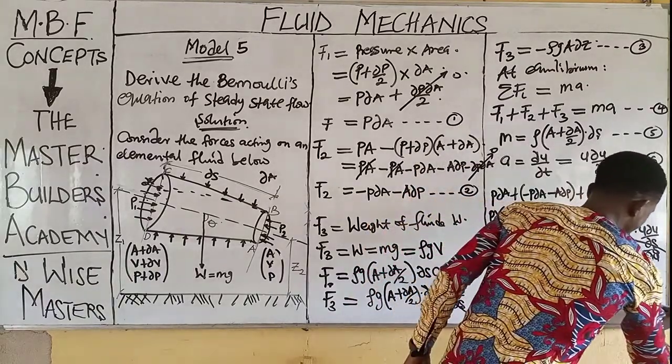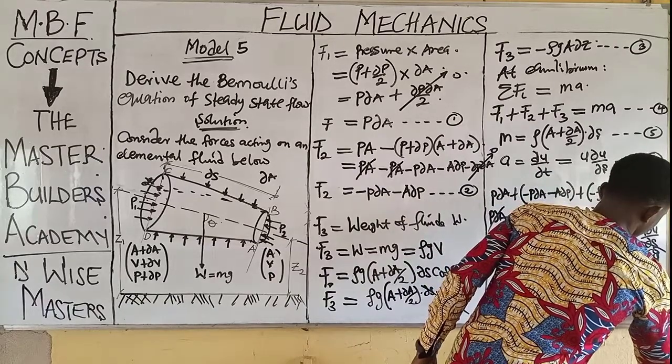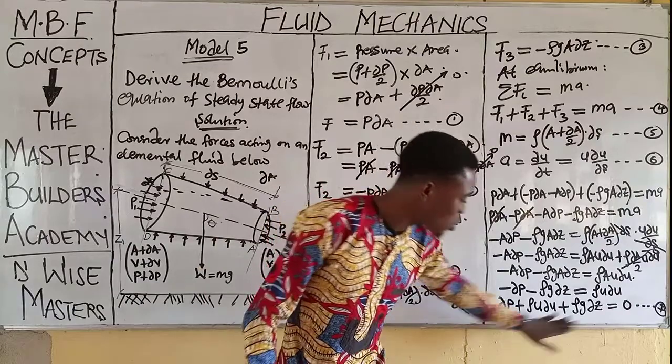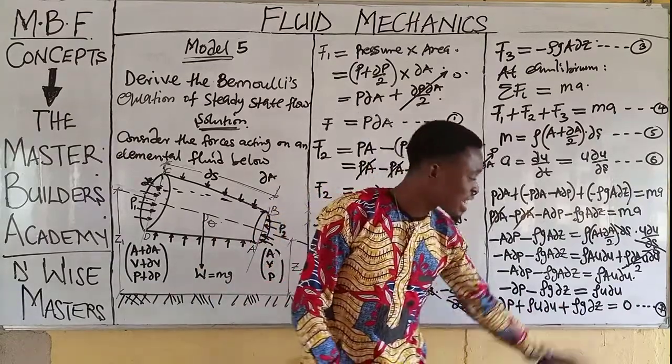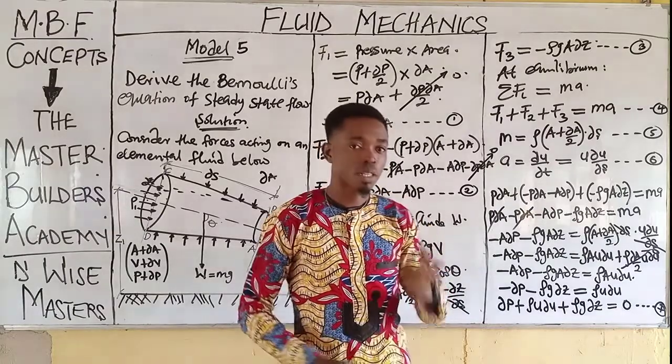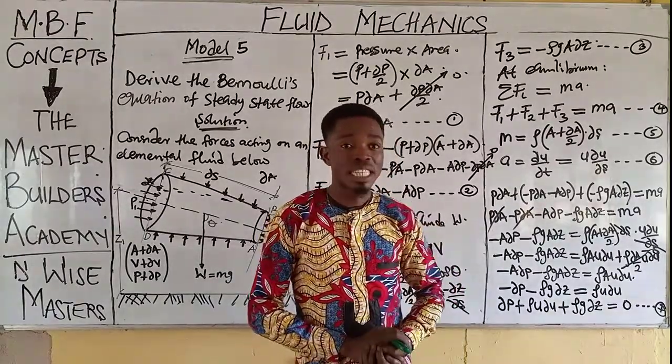So we call this equation 7. All we just need to do now to get our final answer is to integrate this. When we integrate this, we will get the equation of flow derived using the Bernoulli's method.